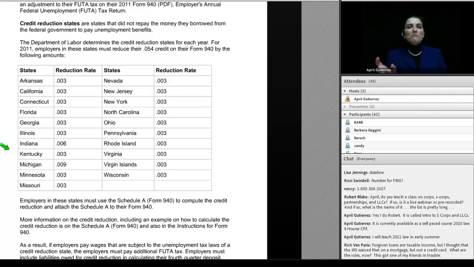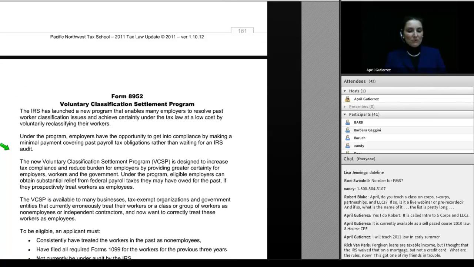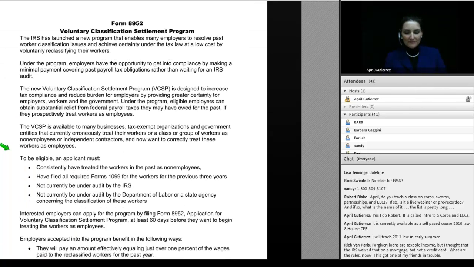In other words, for most people, the maximum FUTA tax, or federal unemployment tax, owed on a worker's wage for an entire year is $56. And for this year, people in these states will pay more than that. And the formula that you go through will figure out how much more you have to pay.